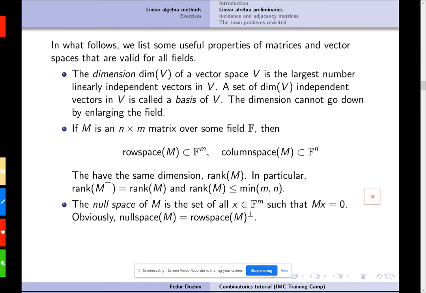Then we have the dimension of a vector space, well defined over a field, the row space of a matrix, the column space, rank, and null space. All of this is defined for matrices with coefficients in any field.